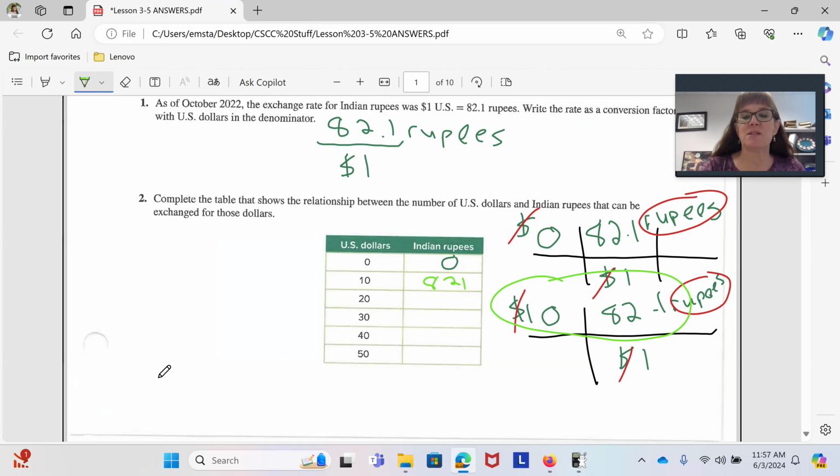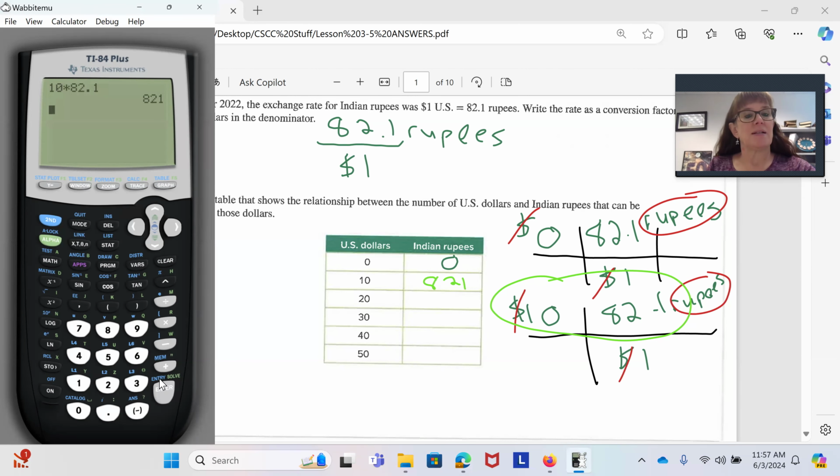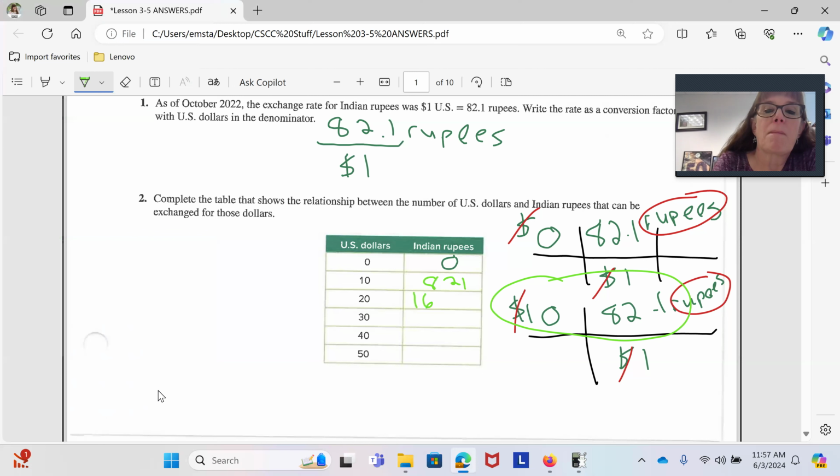Do the same thing, but this time do 20 instead of 10. So 20 times 82.1, and I get 1,642. Continue doing that to finish filling in the chart.